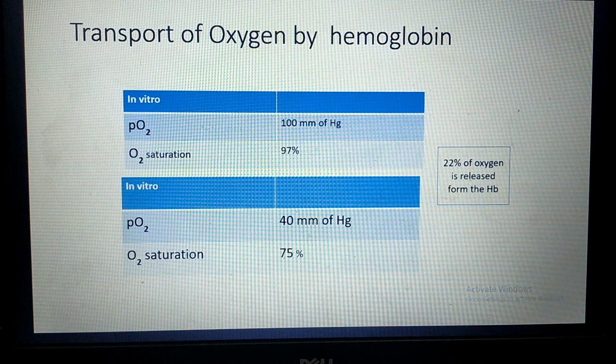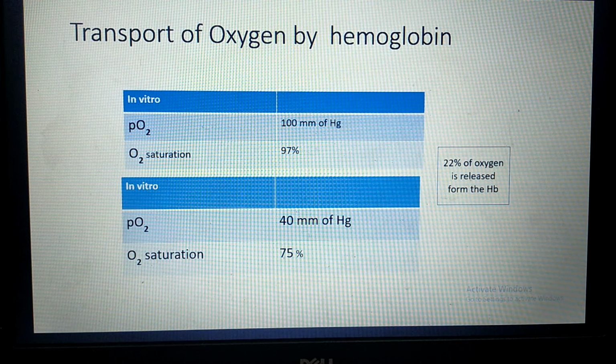Why are 40 mm of Hg and 100 mm of Hg chosen? Because 100 mm of Hg PO2 is present in the lung alveoli, whereas 40 mm of Hg PO2 is present at the tissue level. So this is a study carried out outside the body.